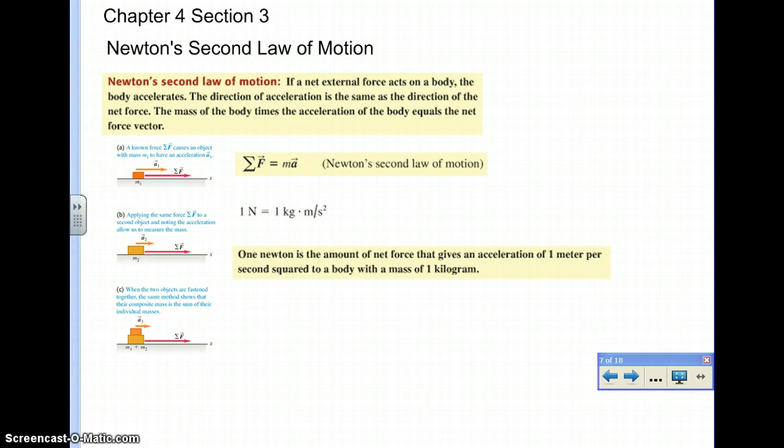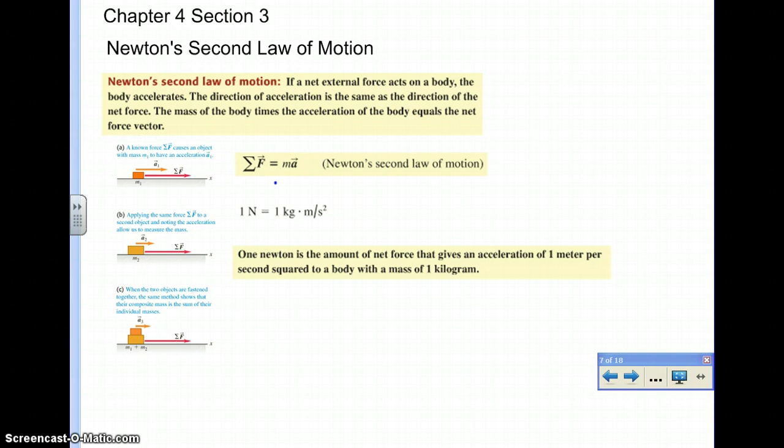So this is called the net x, net y, and net z force. Or it could be the total resultant net force, which is the sum of all the forces in every direction. So we really can have two applications for this equation, F equals ma.